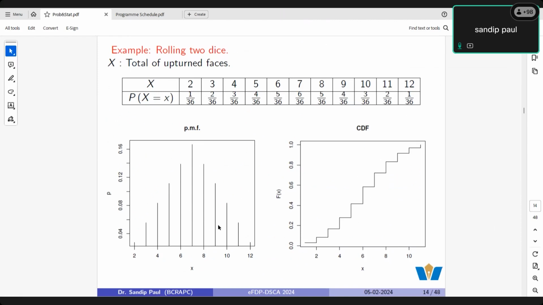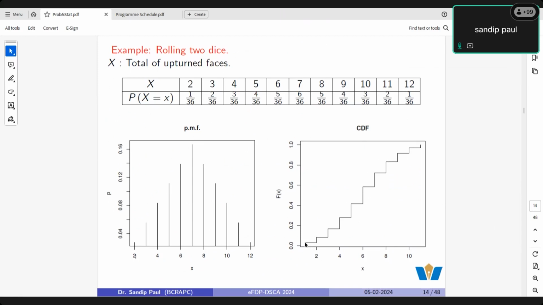I have drawn this diagram using R programming, so you can use R programming to get such types of graphs. Now if we draw the cumulative distribution function, you can see at the point 2, which is the first point, to the left of this point the probability is always 0. So to the left of 2, the probability is 0.